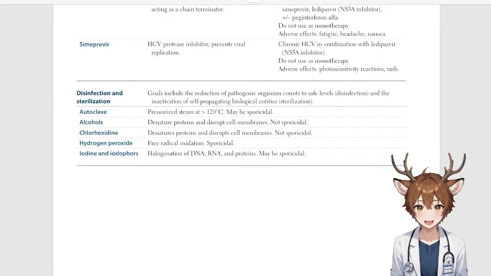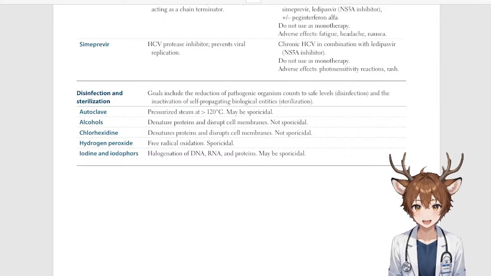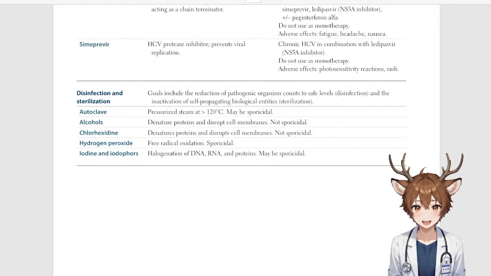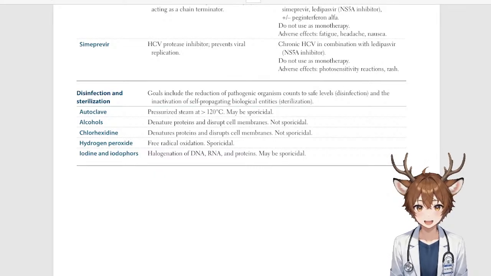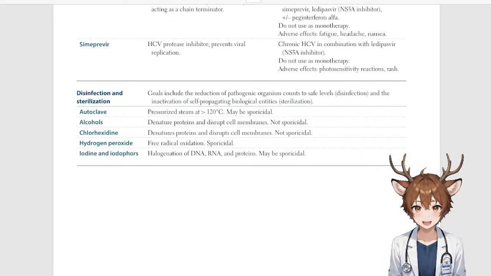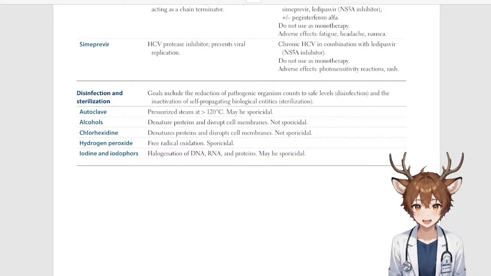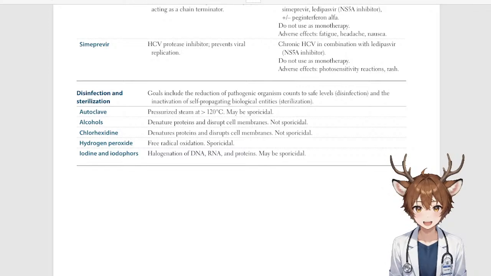What about an autoclave? Pressurized steam at greater than 120 degrees Celsius may not reliably inactivate prions. Remember, prions are not even alive, they are literally misfolded proteins. Alcohols denature proteins and disrupt cell membranes. Chlorhexidine disrupts cell membranes and coagulates intracellular components.